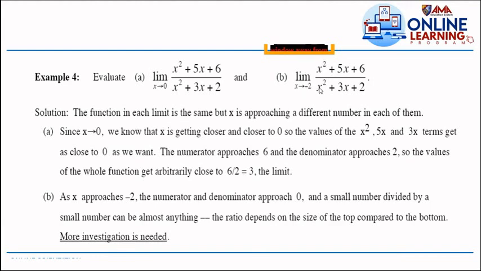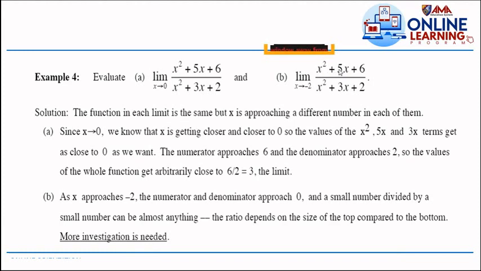Okay? So negative 2 squared is 4 plus 3 times negative 2 is negative 6. 4 plus negative 6 is negative 2 plus 2, the answer is 0. Okay? So 0 yung denominator natin dito. Kaya sabi niya dito, the numerator and denominator approach 0. So try natin, negative 2 squared is 4 plus 5 times negative 2 is negative 10.